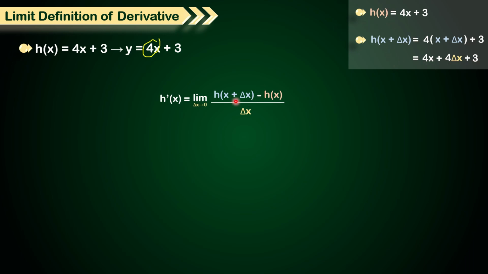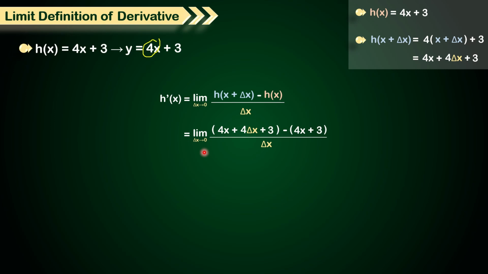It is equal to the limit of h of x plus delta x, which is 4x plus 4 delta x plus 3, minus h of x, which is 4x plus 3, all over delta x as delta x approaches 0.